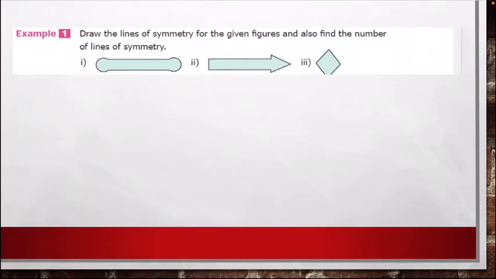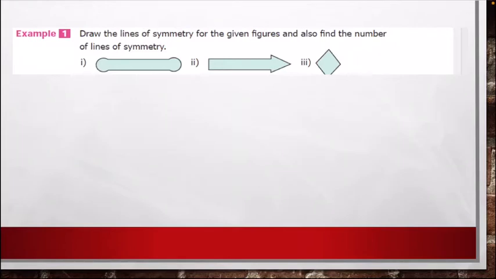When you see a figure or a portrait or anything, the imaginary line or axis along which you can fold a figure, or which is drawn on the figure to obtain symmetrical halves, is called the line of symmetry. That we have learnt, and we also learnt how to draw a line of symmetry. And you also know the differentiation of what is a line of symmetry. Yes. Now let us learn in detail with the help of our examples.